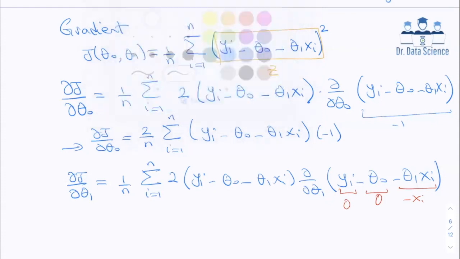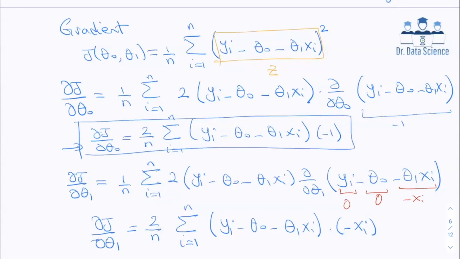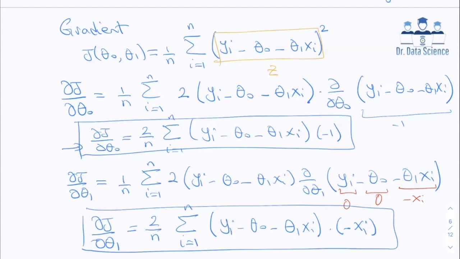So this means that now the partial derivative with respect to theta 1 is 2 over n summation 1 to n of yi minus theta 0 minus theta 1 xi times negative xi. So now we have the partial derivative with respect to theta 0, that's the equation we have here. And now we have the partial derivative with respect to theta 1.